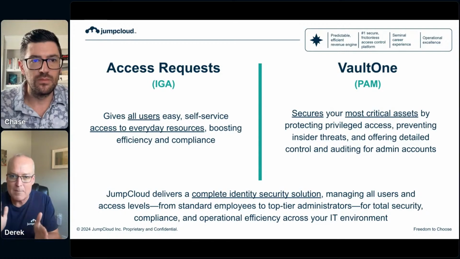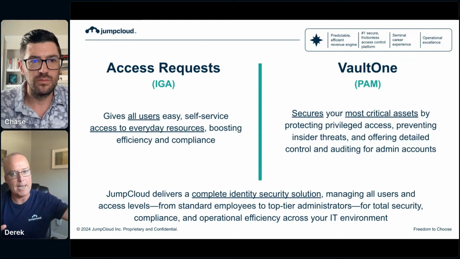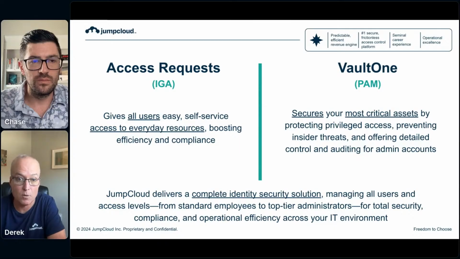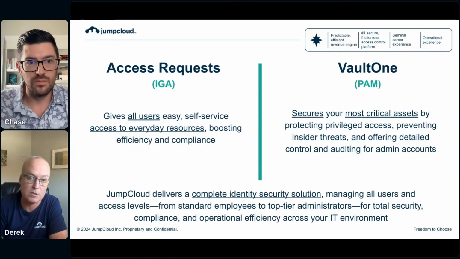And so when we think about these at JumpCloud, we think about them in these two contexts. IGA, access request, everyday user, everyday resources. Vault One PAM, we think about it from a most critical assets and a smaller group of people that have access to even be able to make a request or to get access to these resources.